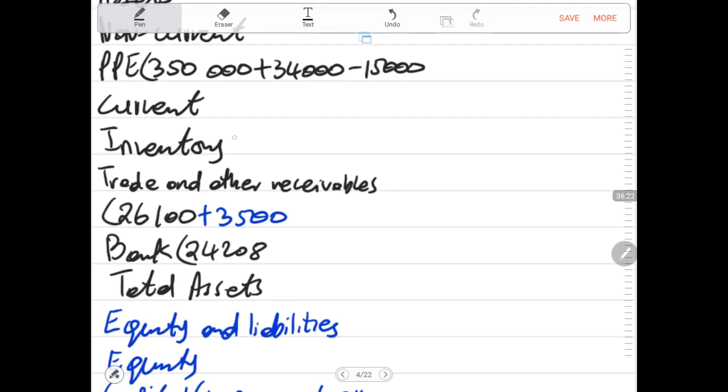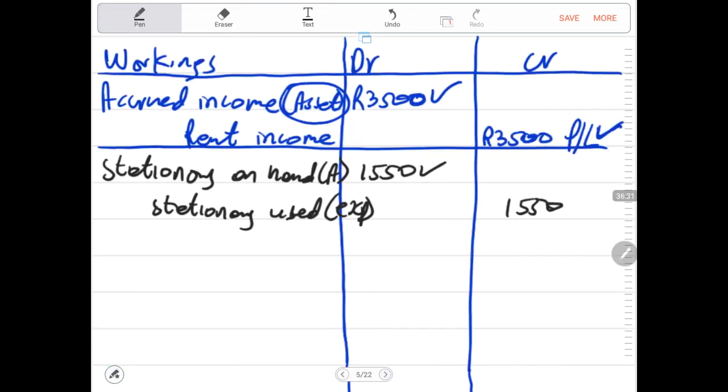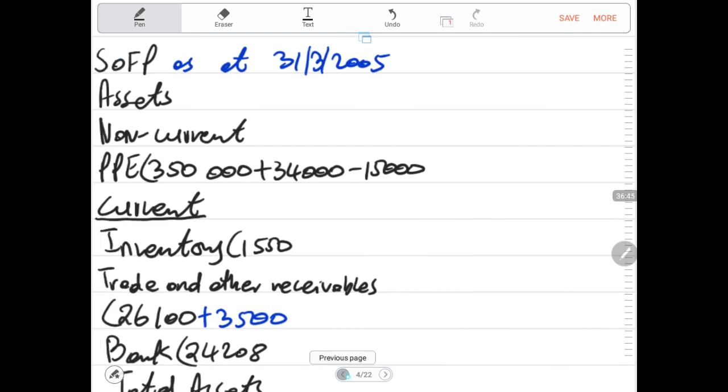Inventory is recorded under the current assets as inventory. So now we record here 1,550. Then the entry on the debit side is recorded. The entry on the credit side is an expense, meaning we are decreasing our expense by the inventory that is left at the end of the year. So the 1,550 is the inventory that was left at the end of the year.